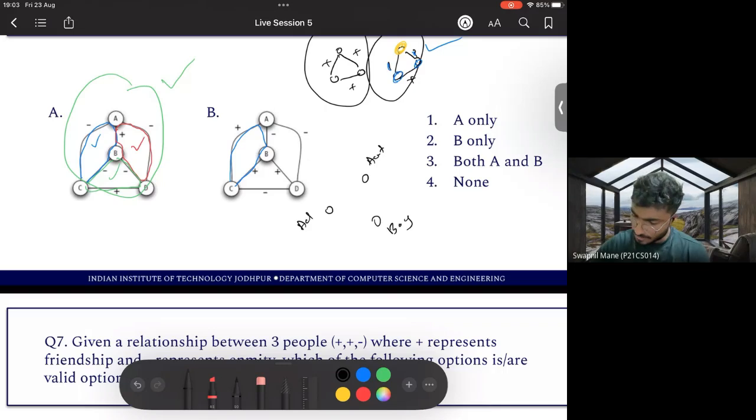There is a positive relationship between the uncle and the boy, a good, healthy relationship between them. But there is a negative, unhealthy relationship, they are not talking to each other, between the uncle and aunt. There is a negative edge between the uncle and aunt.